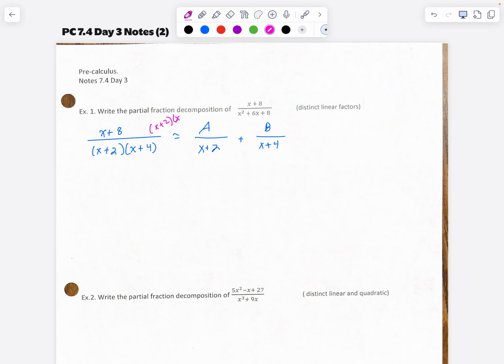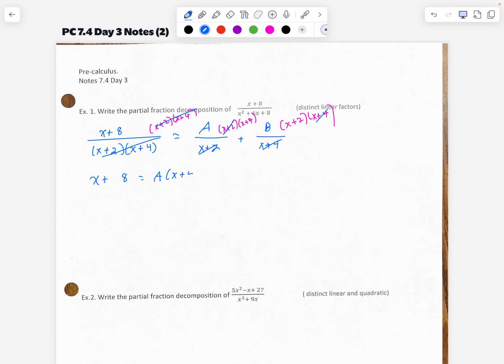That's called equating coefficients. That's the only way they can be equal. If A plus B is 1, and if 4A plus 2B equals 8. So here's equation 1, here's equation 2. And then you have so many choices.